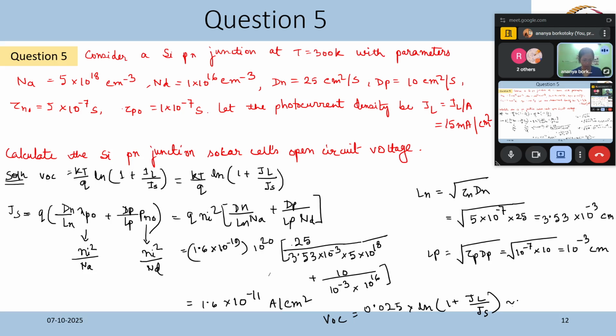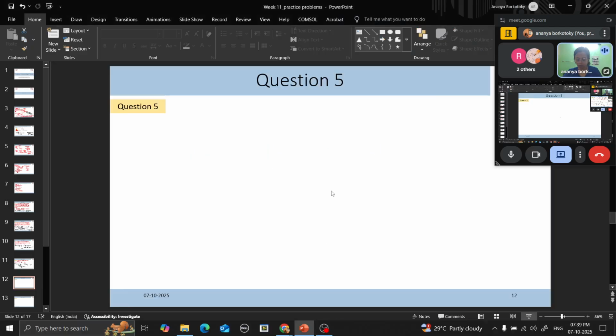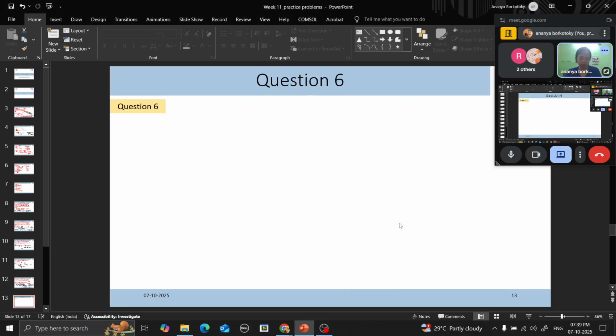This is roughly 0.51 volt. Please check the calculation if I have made any mistake, but the process is this. Next question.